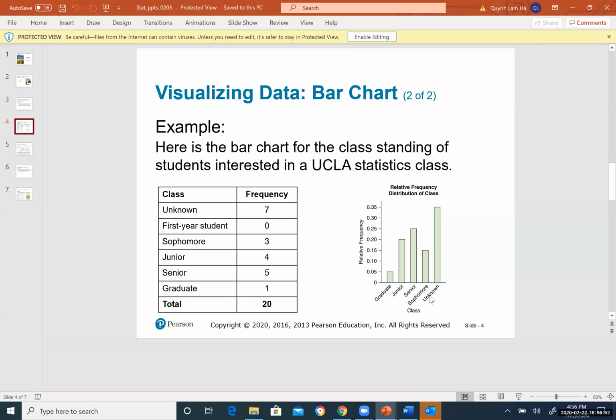It's okay to graph any pattern you want. You can graph unknown first, and then for first year student, it looks like you got 0. You don't have to graph that. Okay, so unknown got 7. You can graph that first in here. But here they graph it last. And sophomore got 3, and then you go all the way to 3.